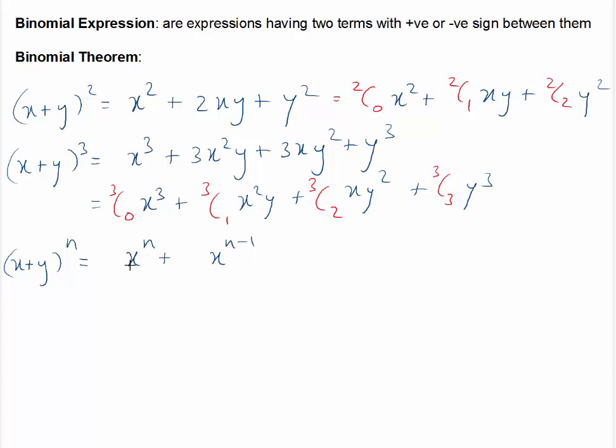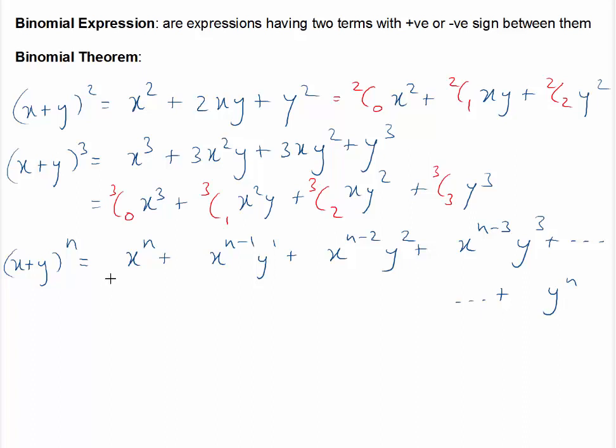Here we have y to the power 0, for example, so this would be y to the power 1. Next would be xⁿ⁻² and y², and plus next would be xⁿ⁻³y³ plus dot dot dot. Now the last term would be yⁿ.